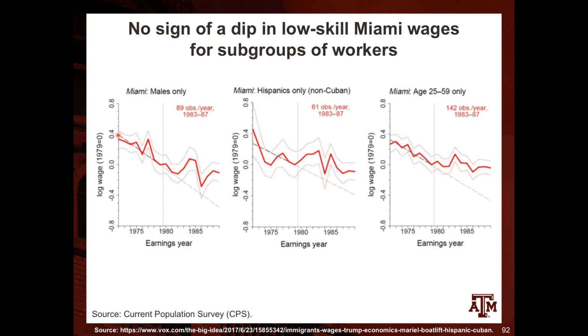For males only, the trend was already negative before that event, with a lot of Cubans arriving in Miami. And after that, again, the negative effect starts being less negative. The same thing for the Hispanic group, not including Cubans, taking out Cubans exactly because we want to know the effect of Cubans on other Hispanics.